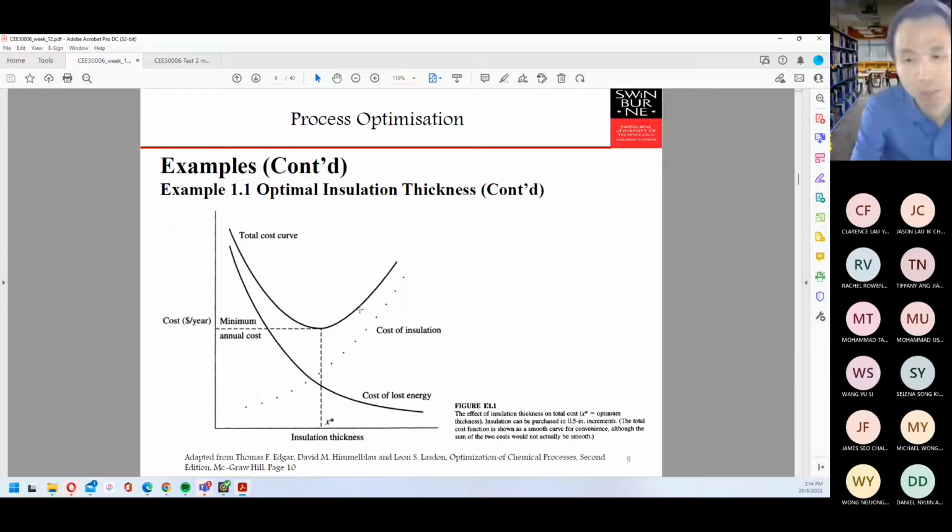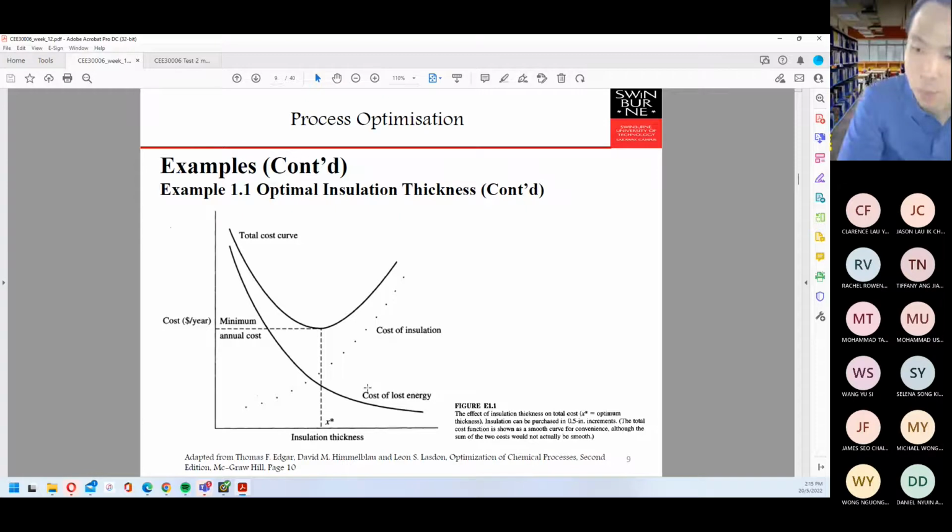So from this example, you can easily see that the insulation thickness for the best compromise between the cost of the insulation and the cost of the lost energy is associated with this thickness in here. Okay, so this is where the first principles of optimization came.